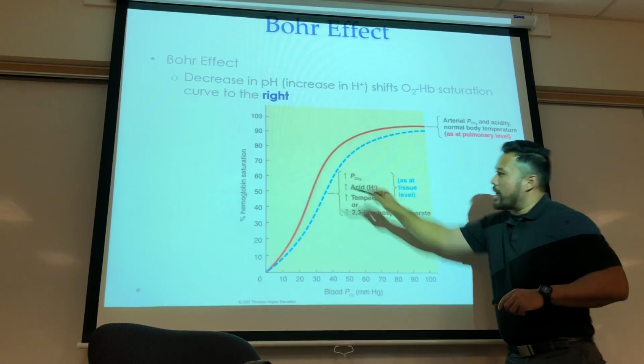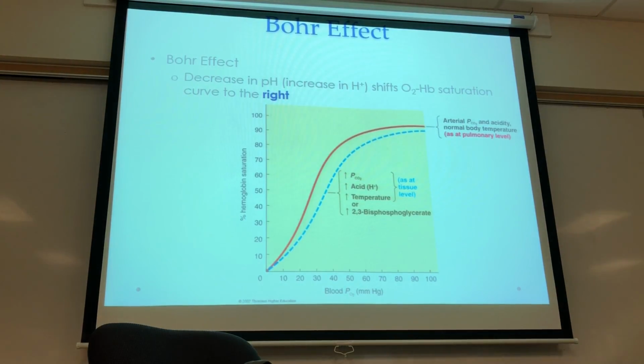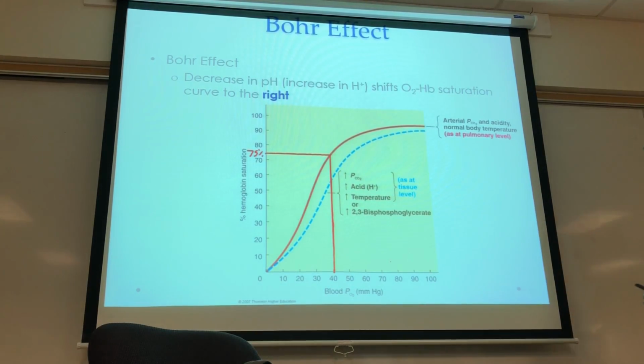Now, I'm going to draw the points that we mentioned earlier, where let's take our PO2 of 40. At a PO2 of 40, we saw we're at 75% saturation. Again, that means hemoglobin is holding on to 3 out of 4 oxygen molecules.